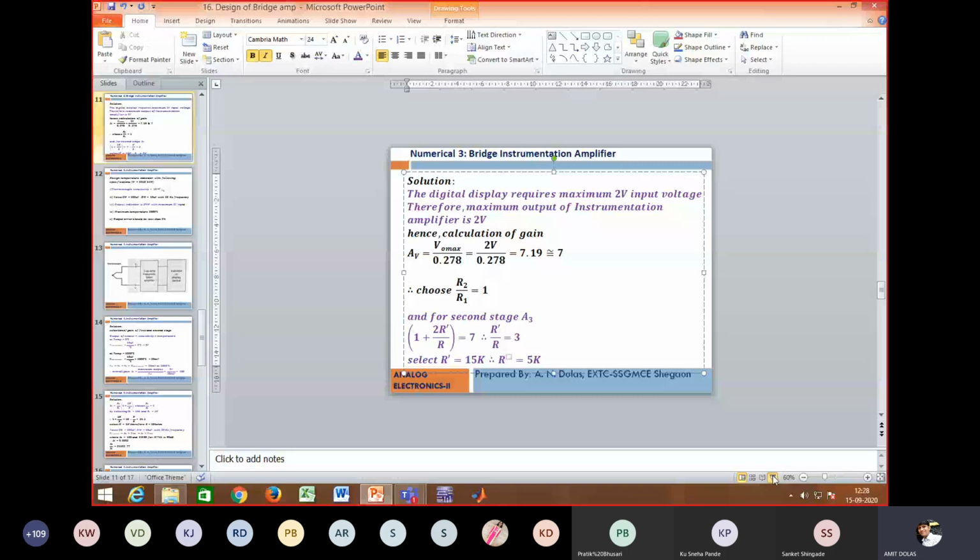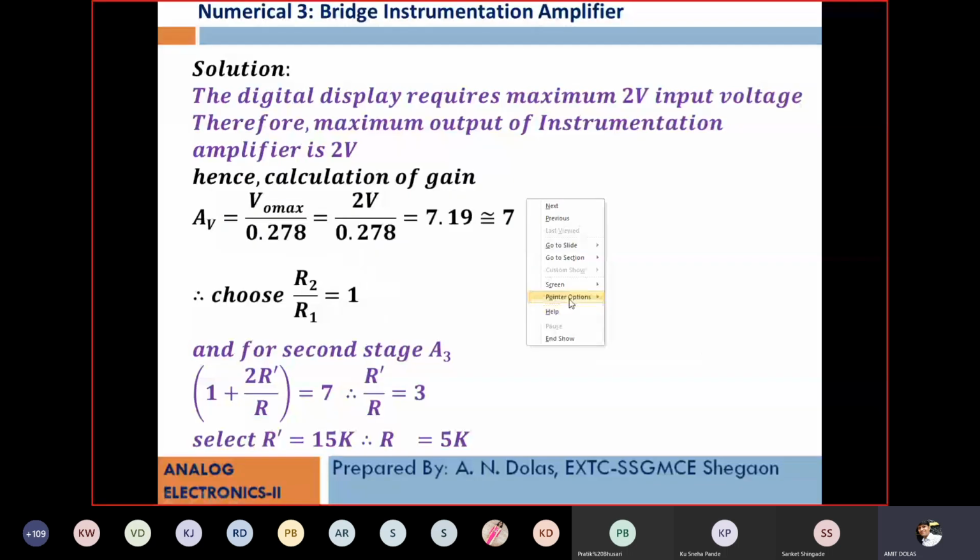So again 15 by 5 will be equal to 3. So by putting the values R1, R2 is equal to 10k, R is equal to 5k, R dash is equal to 15k, it will provide you gain is equal to 7. Accordingly, your instrumentation amplifier for the bridge of RTD is designed.